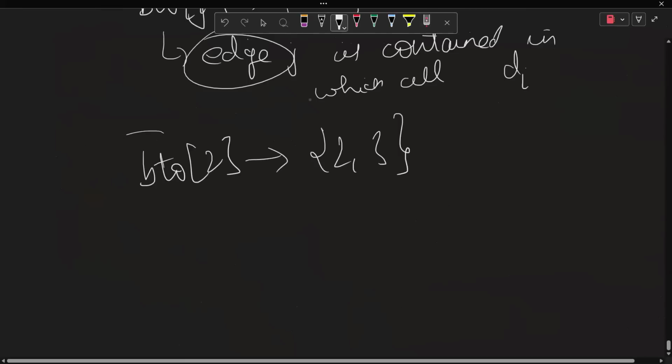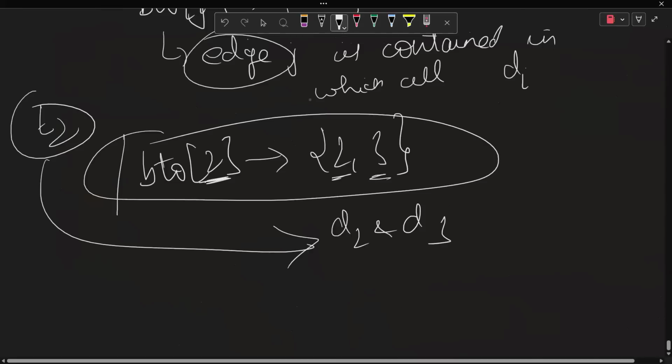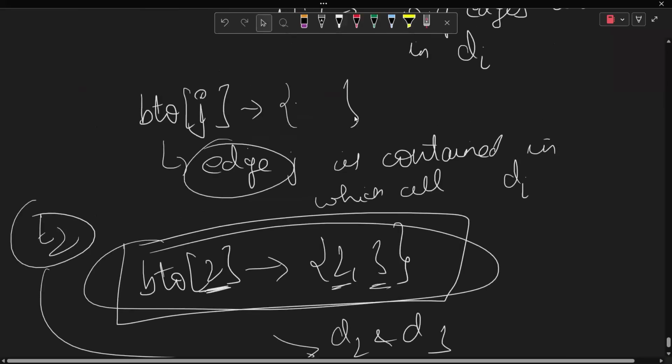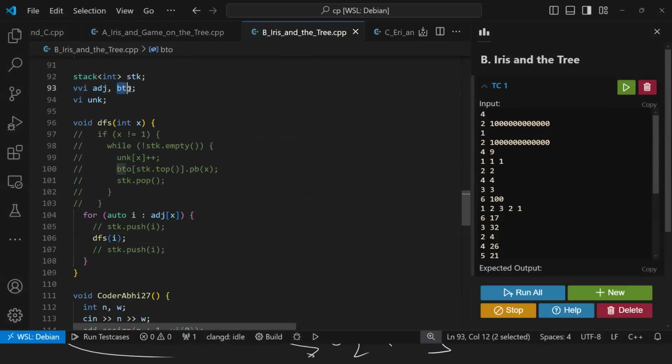This is how I am storing the values in belongs-to: that this edge T2 belongs to which all distances. It belongs to D2 and D3. That's what I'm mapping in this BTO vector. So these two things I'm maintaining: this BTO, which is a vector of vectors, and this unknown.